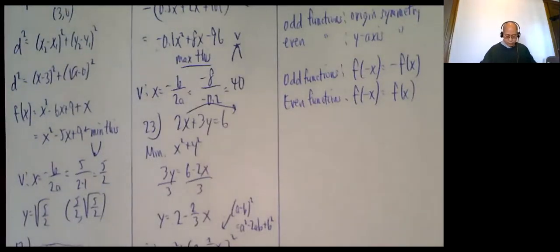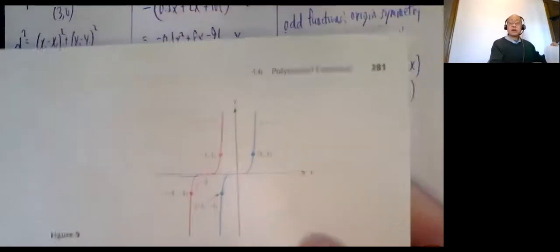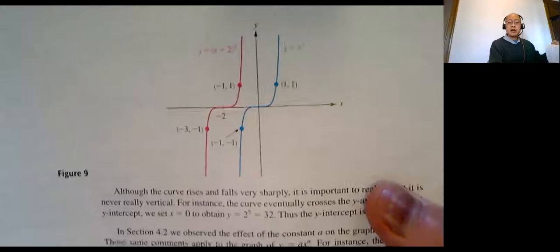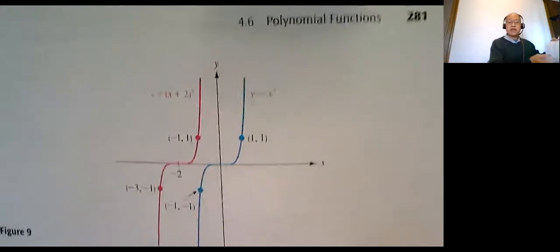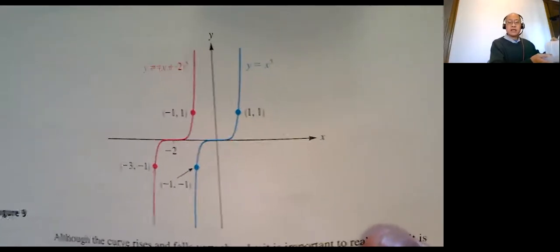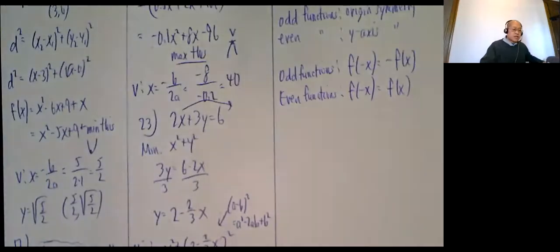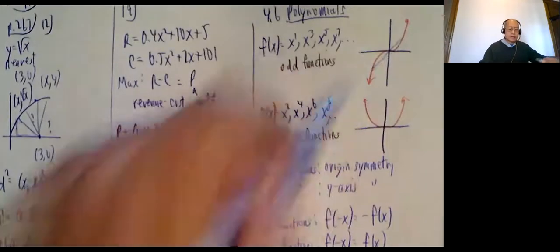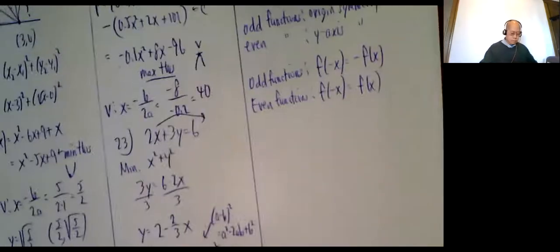Okay. We know how to translate. So on page 281, the blue graph is x to the 5th. Okay, x to the 5th kind of looks like x cubed, x to the 7th. So quickly, something like that. Okay, just a rough and dirty sketch.